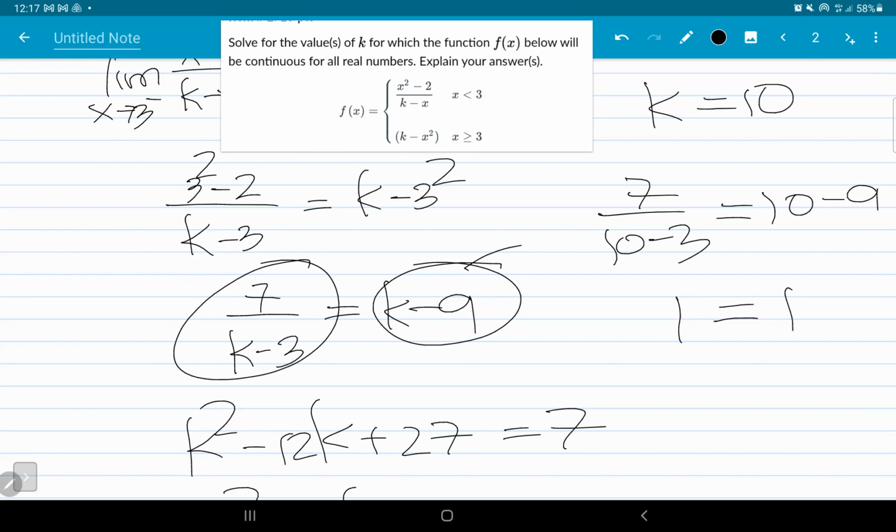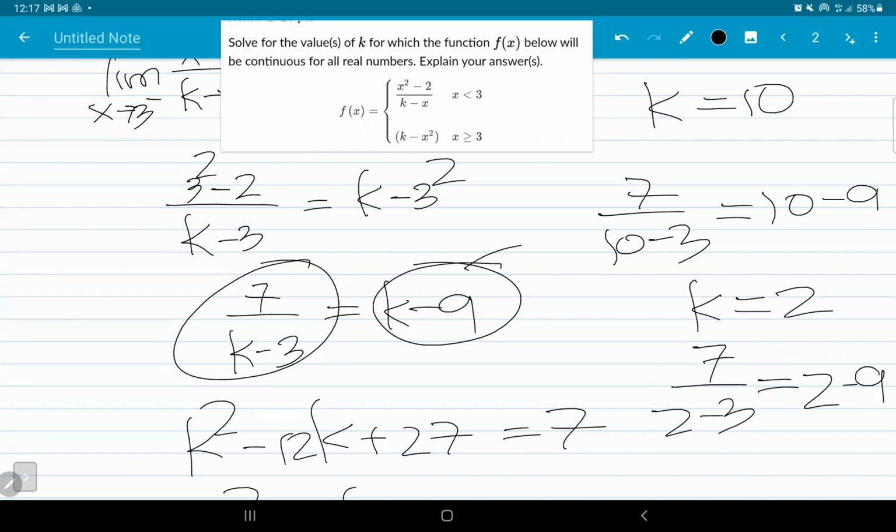If you plug in k equals 2, okay, still the same. Okay, wait.